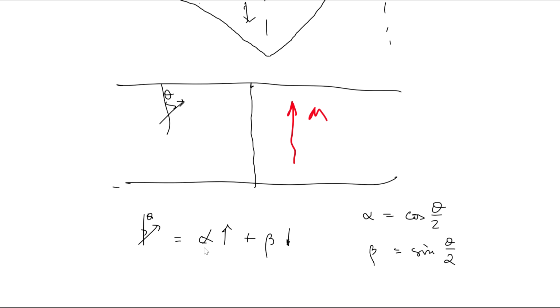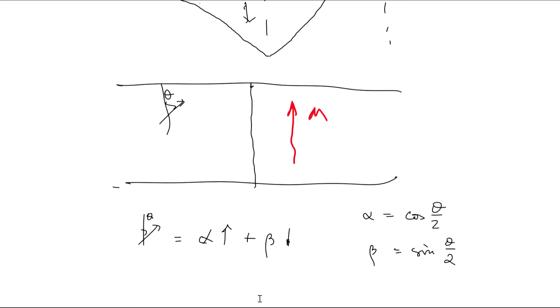In quantum mechanics we use probabilities. The probability that spin is up is proportional to alpha squared, and the probability that spin is down is proportional to beta squared, which means an arbitrary spin state is a superposition of spin up and spin down quantum mechanical states. And that means there will be a certain probability of transmitting and reflecting.